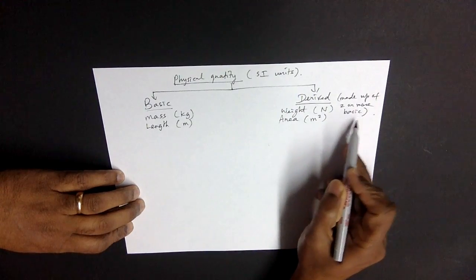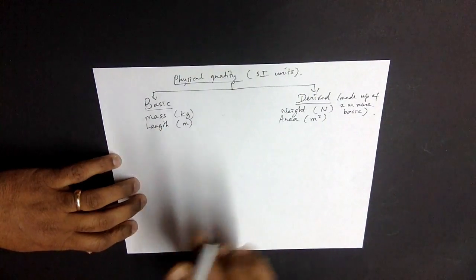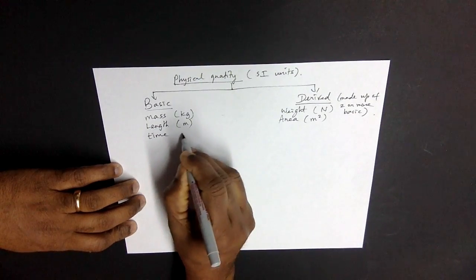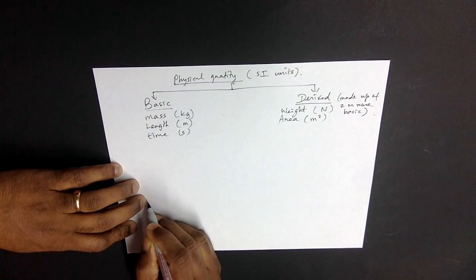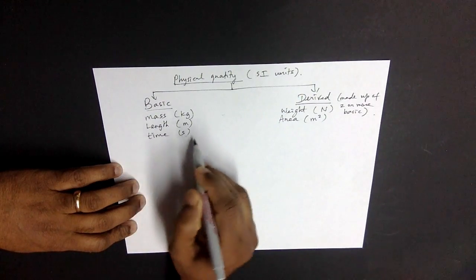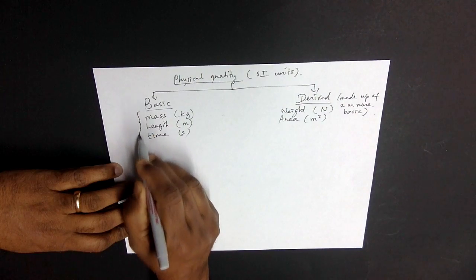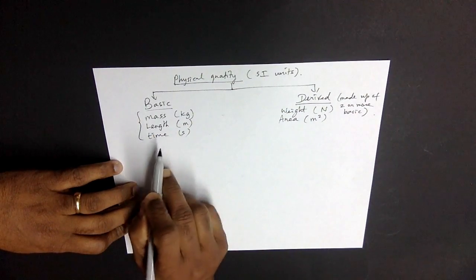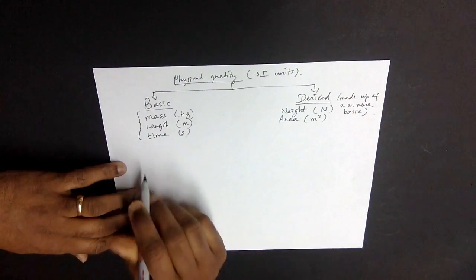So derived is made up of two or more basic units, and basic stands alone. Now the next one is time, which is measured in seconds. And then these are the three prime quantities that will find their place into literally any chapter.